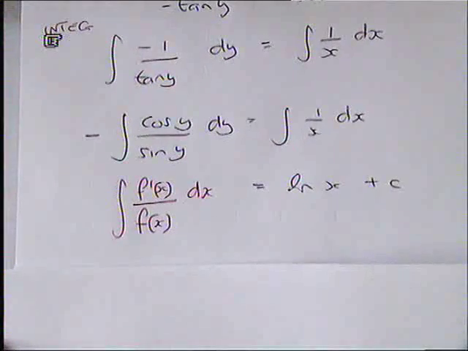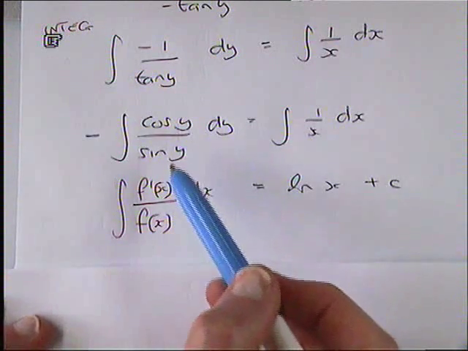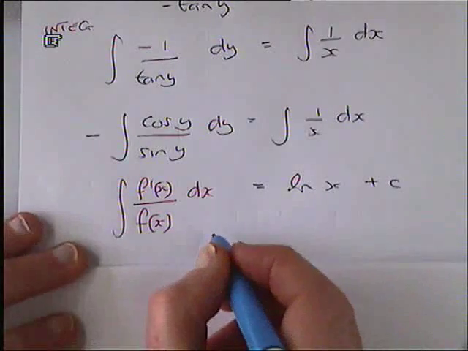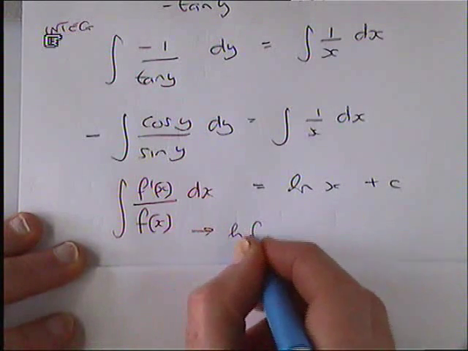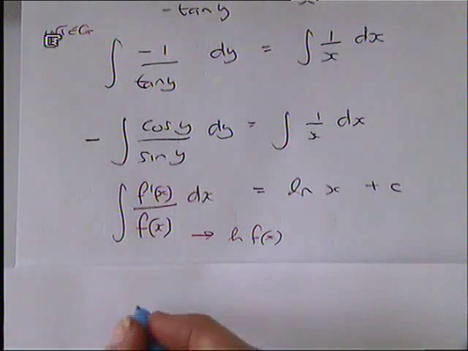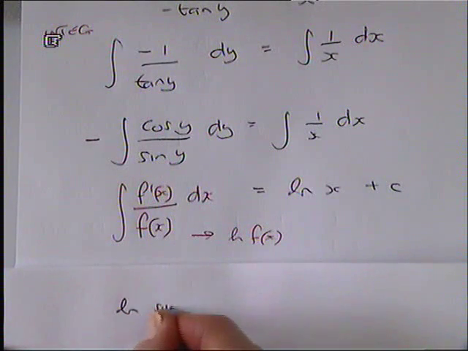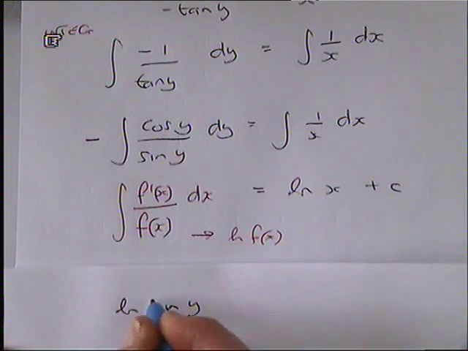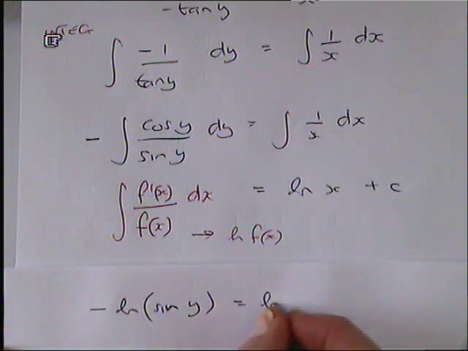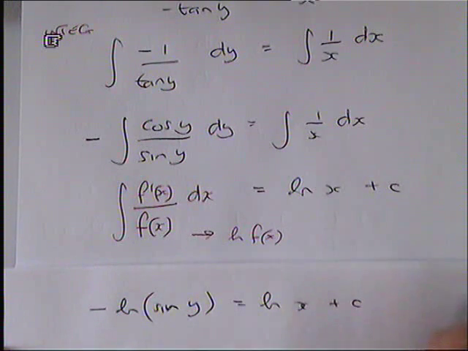We get log of the function on the bottom. So here we actually were able to write it down when the top was the derivative of the bottom. That red box rule there tells us that we get log of f of x. So if I integrate this thing here, I'm going to get log of sine y. The minus sign I mustn't forget, and over here I'm going to get log of x plus c.